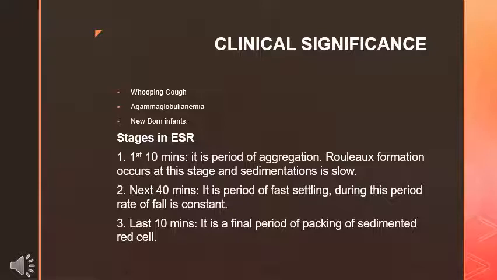In the first 10 minutes, rouleaux formation or aggregation of RBCs occurs. Rouleaux formation is a special type of positioning of RBCs in a vertical column. After rouleaux formation, in the next 40 minutes, rapid settling down of RBCs occurs.